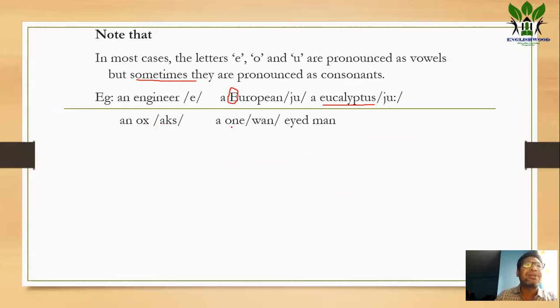But a one-eyed man, because "one" is not the O sound, it is not like this O. In British English, we call it "wun". So it is not an one-eyed man, but a one-eyed man.